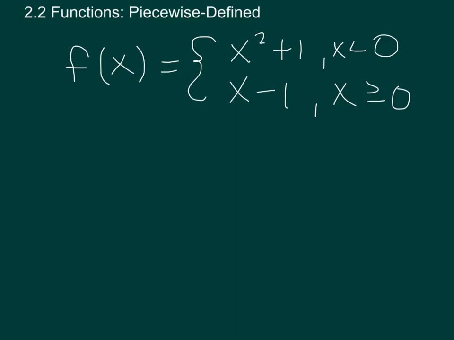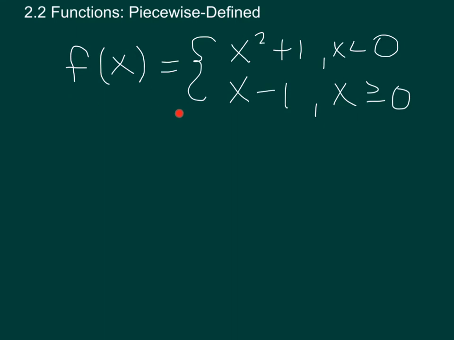Remember that this notation means function of x. So I plug in a value of x into the function, and I get out the value of f of x. Okay, so here's an example.